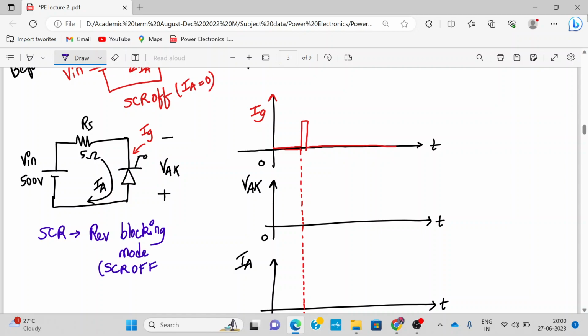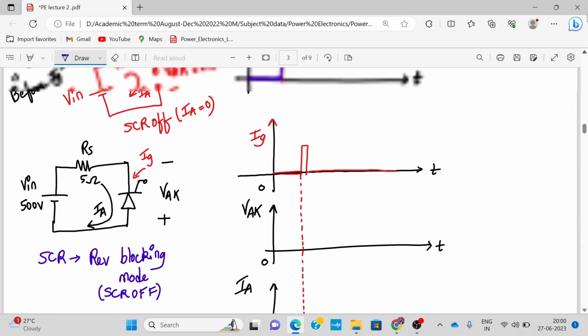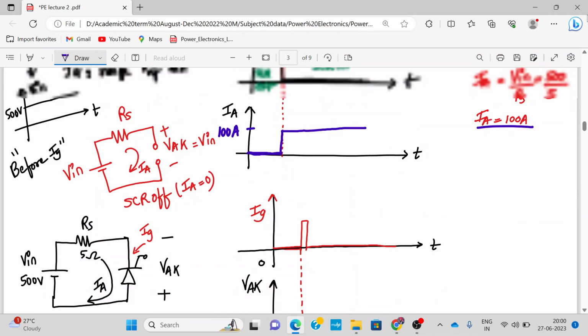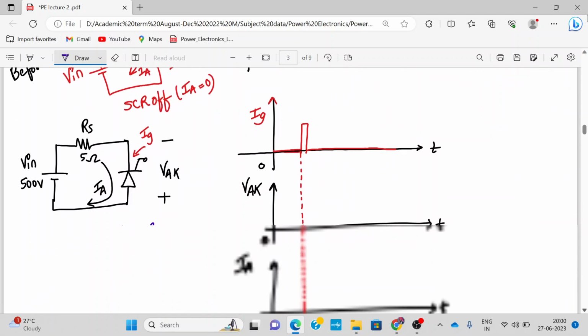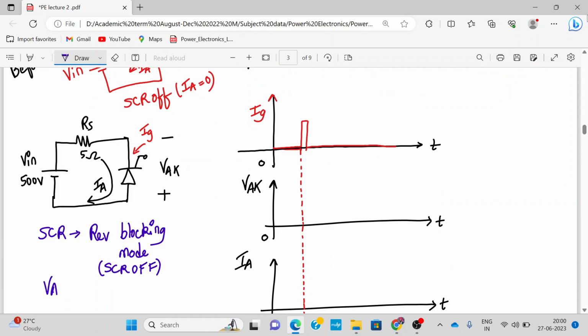It will not conduct at all. And we have seen when the SCR is off, the voltage across the SCR is V in. In this case, it will be minus V in because the voltage across the SCR is reverse, right? So here, in this case, your VAK will remain minus V in before the IG pulse is applied.